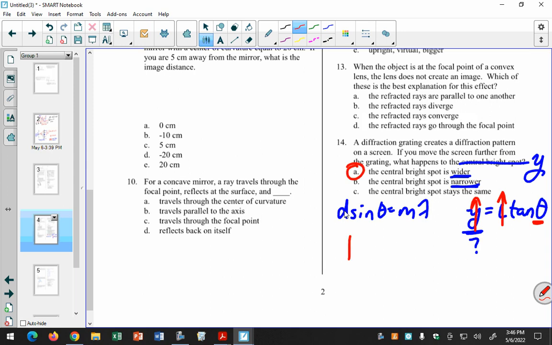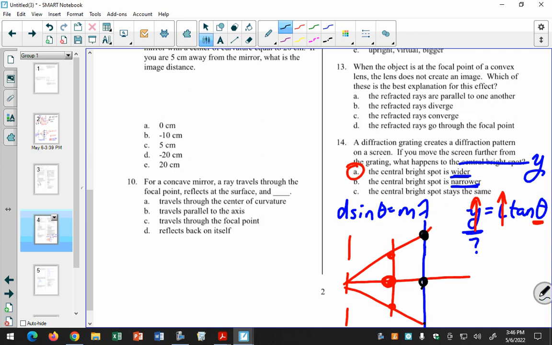If I imagine my double slit, or this is a diffraction grating, but you know, they're the same. If I have a screen right here, then I have my bright spot there, and my dimmer spots here. You can imagine that they have these lines going through them. So if I move my screen back now, then my spots are now going to be here, here, and here.